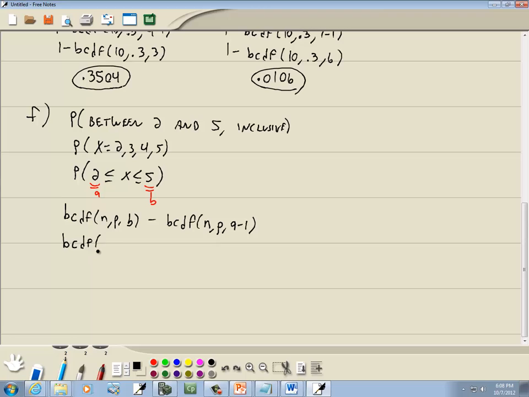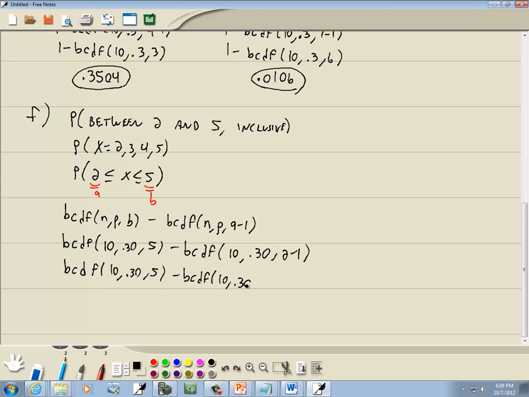So binom CDF, N is still 10, 0.3, B was 5, minus binom CDF, 10, comma, 0.3, comma, A minus 1, so 2 minus 1. So we got binom CDF, 10, 0.3, 5 minus binom CDF, 10, 0.3 and then 1.